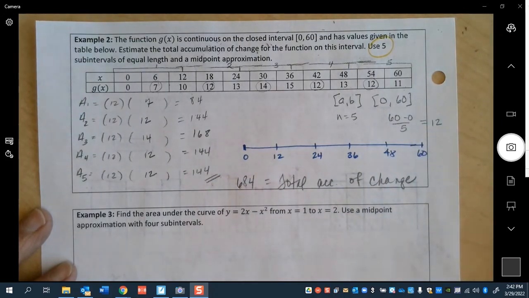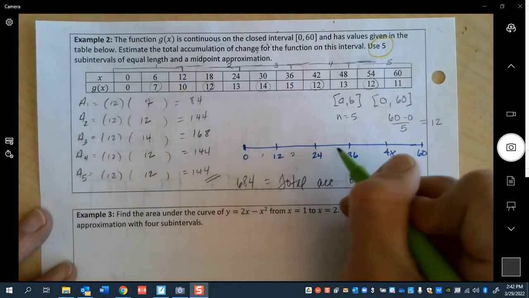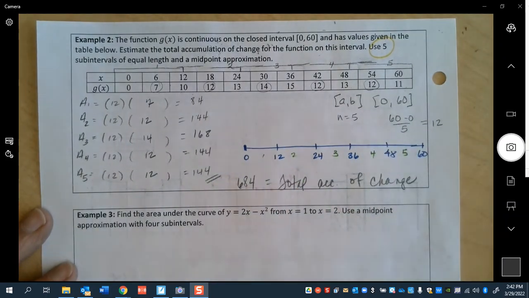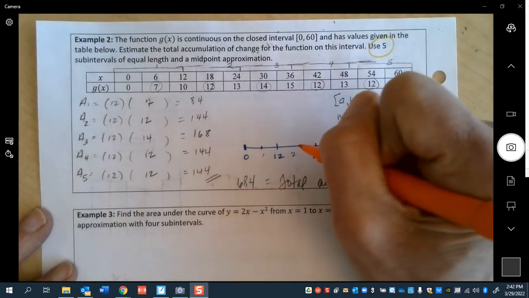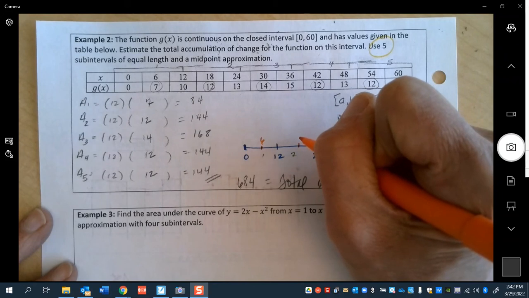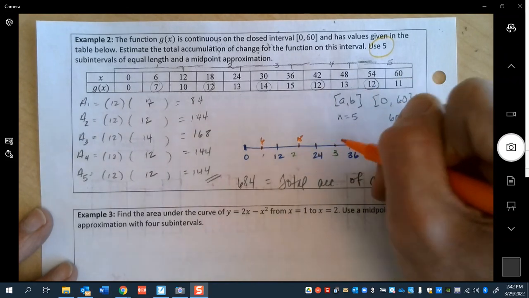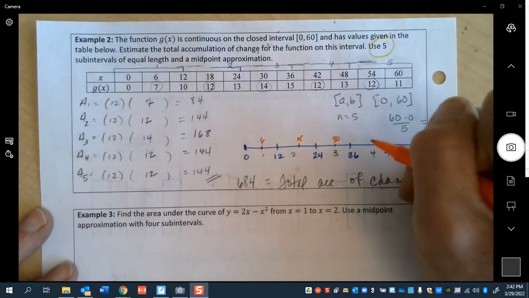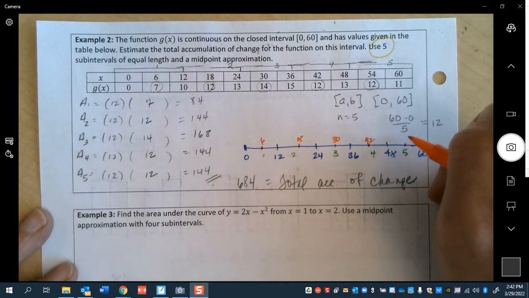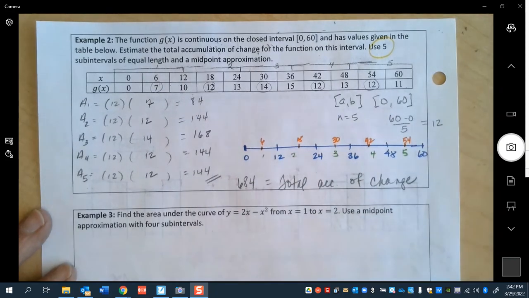These are my 5 intervals, 1, 2, 3, 4, 5. Each of them has that midpoint. My output at 6, my output at 18, my output at 30, my output at 42, and my output at 54.